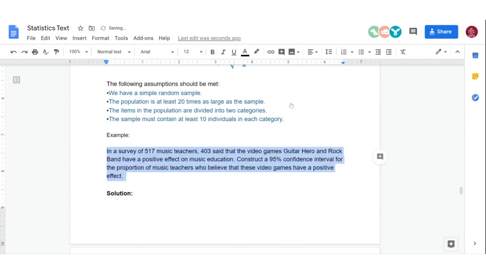Now, construct a 95% confidence interval for the proportion of music teachers who believe that these video games have a positive effect. As I said, you're always going to go to the Z table here. So for the 95% confidence interval, you're going to use that familiar 1.96.